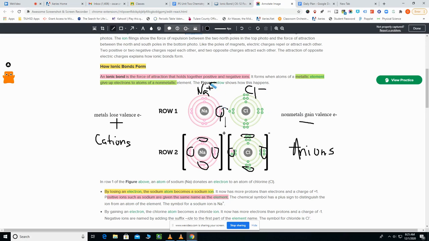Now, a bond is going to form. I'm going to put some little dashed lines here. The bond that is going to form is an ionic bond. That ionic bond is formed because we have two oppositely charged ions, and it's those opposite charges that create that bond.